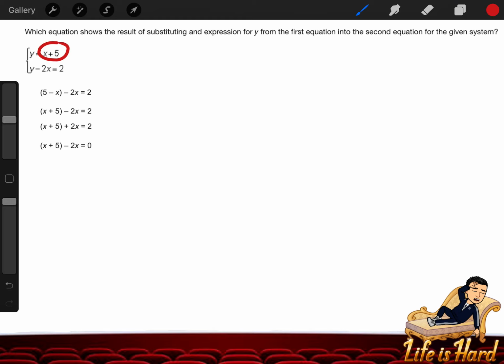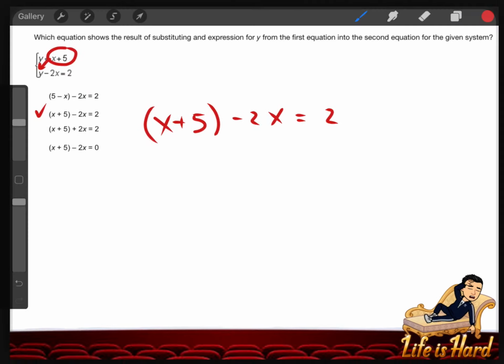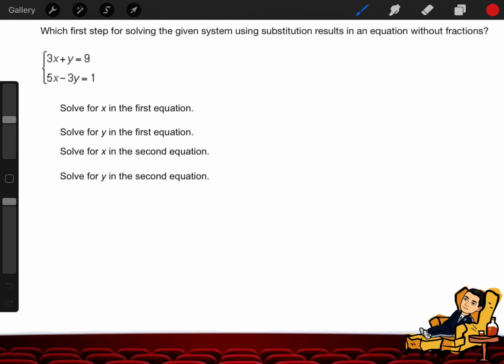If you substitute into the y in the second equation, you are going to get x plus 5, that's basically y in the second equation, minus 2x equals 2. Second choice.